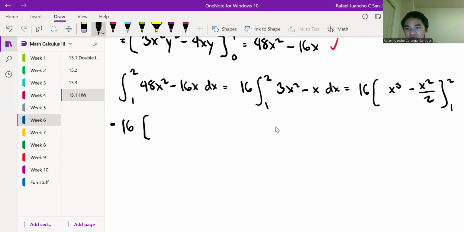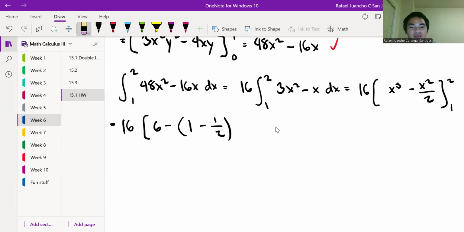So this is 2 cubed, 8. 2 squared, 4 divided by 2, 2. 8 minus 2, 6. Minus, this is 1. Minus 1/2.